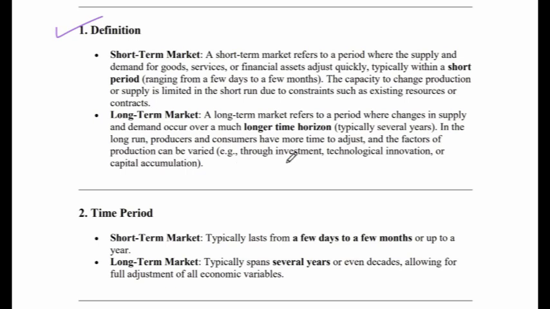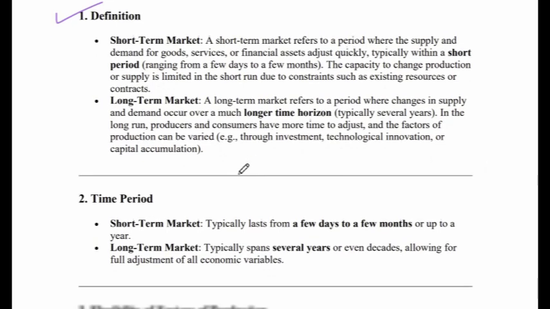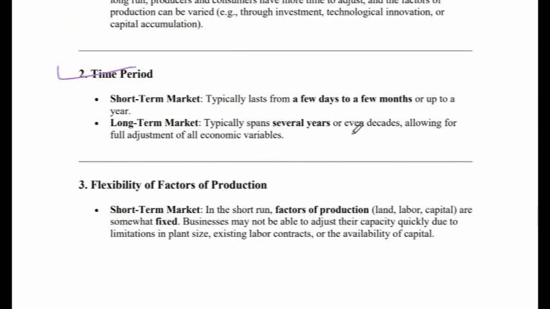In long run, producers and consumers have more time to adjust क्योंकि बहुत slowly changes होती है, तो इसके लिए consumers and producers both can adjust. And the factors of production can be varied. ठीक है, टाइम पीरियड देखते हैं. Time period is generally for short term few days to few months and long term is several years and even decades. 10 साल भी लग सकता है वो चेंजेस को आने में मार्केट में.